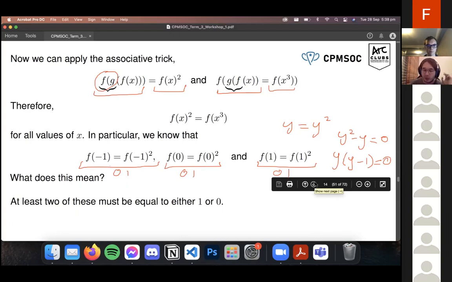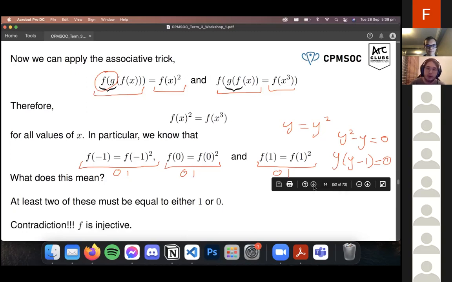Now, can anyone tell me what I might be able to use here to deduce some kind of conclusion? So we know at least two of these are the same. Yes. In the previous slide, we just showed that the function was injective. And injectivity means that you can't have the same function value twice. However, we've just, by the pigeonhole principle, concluded that at least two of these are the same value.